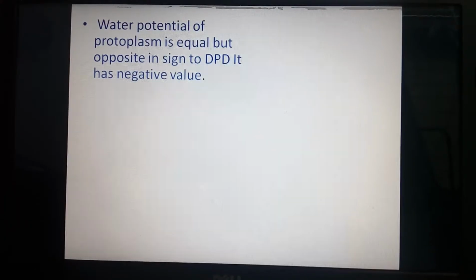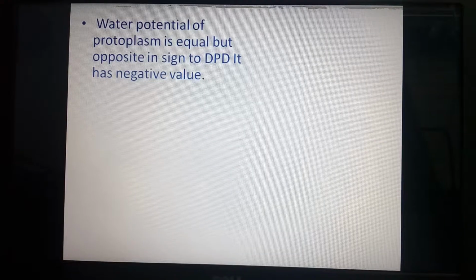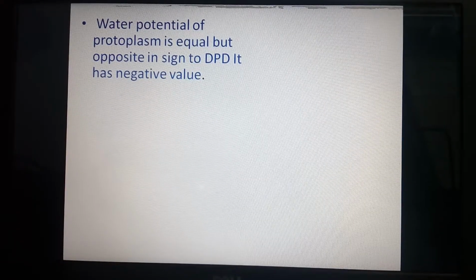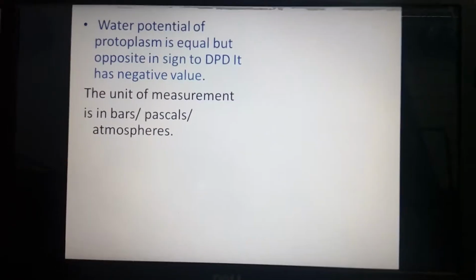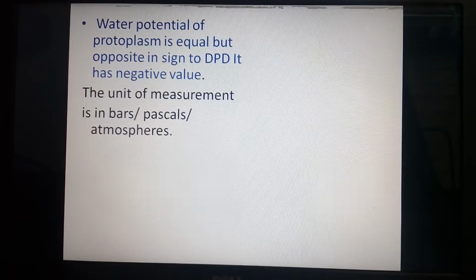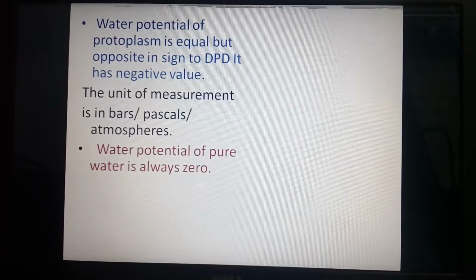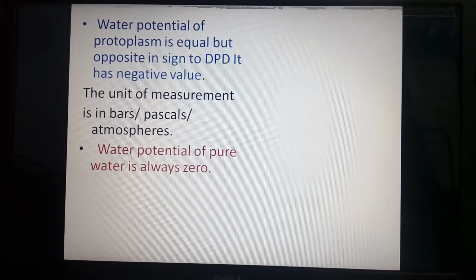Here, the water potential of protoplasm is equal but opposite in sign to diffusion pressure deficit. It has a negative value. The unit of measurement of water potential is bars, Pascal, or atmosphere, as we have already discussed. Water potential of pure water is always zero.